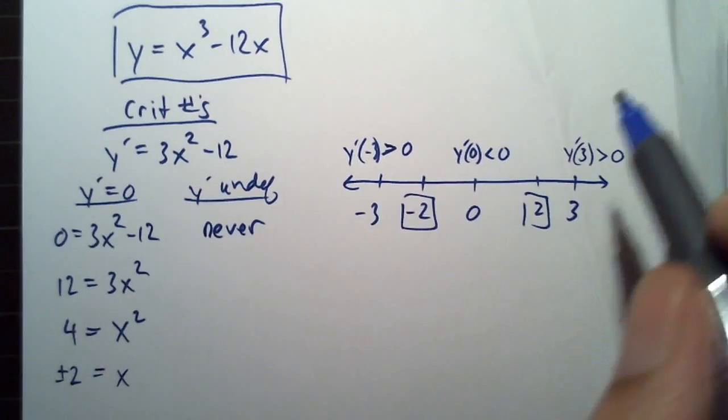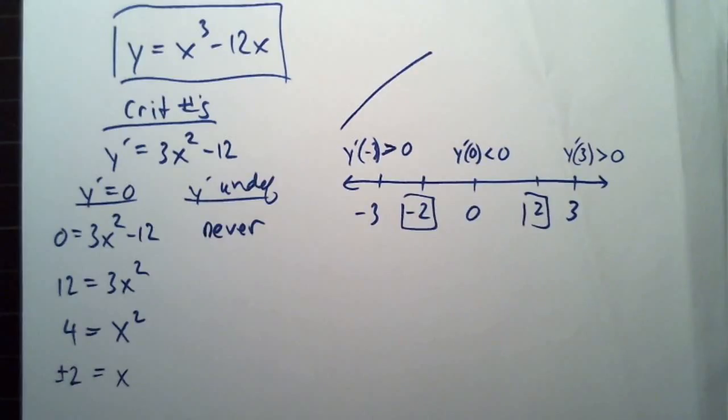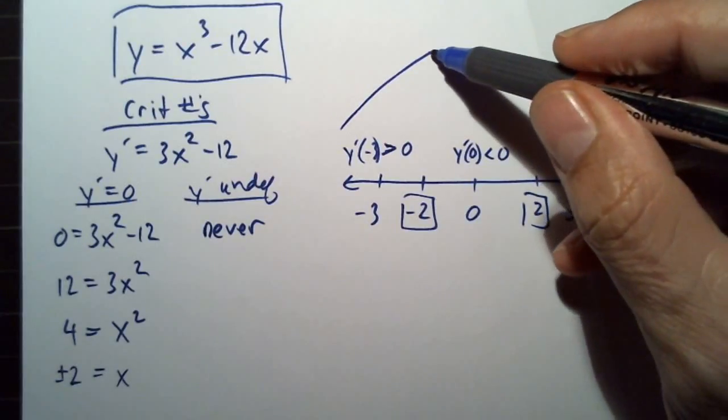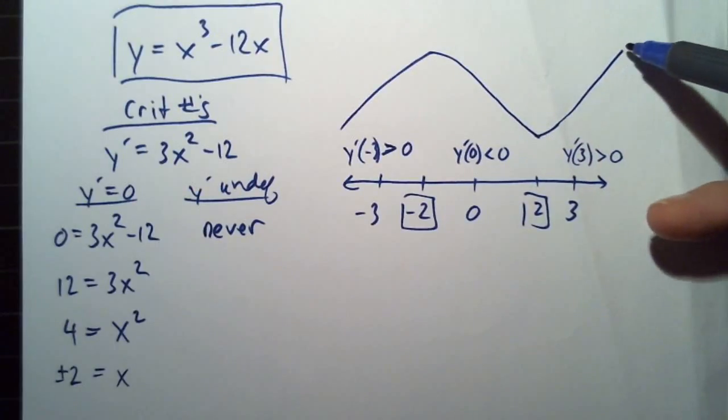So we know that slope is positive, and that means the function's increasing. The slope is negative, so the function is decreasing. The slope is positive, so the function is increasing.